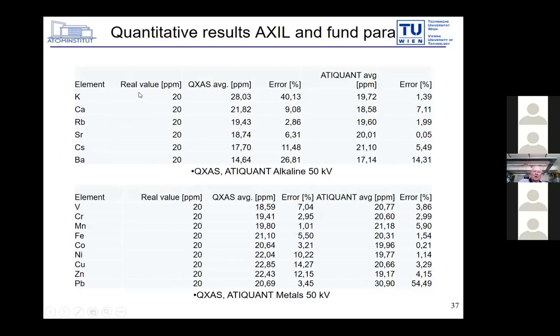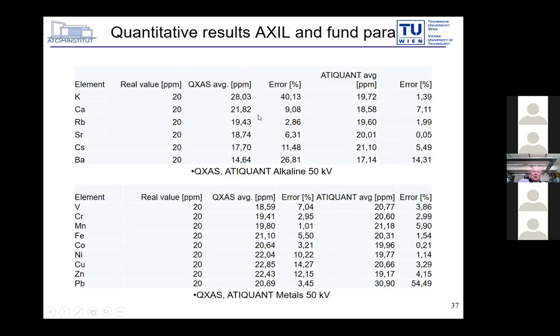So we see that the potassium and the calcium have quite reasonable results for these levels. And when we use the fundamental parameter technique, which we are using in our developed software package, we see that we are really almost better.